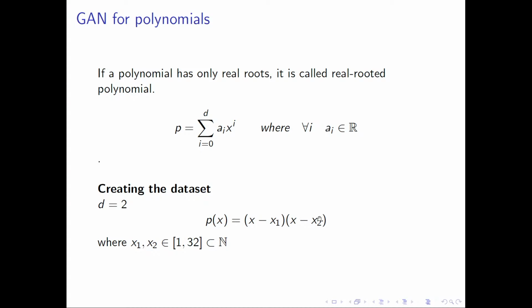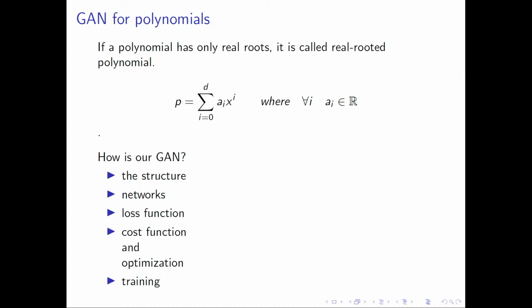After that, we normalize the coefficients between -1 and 1, because the generator gives us a solution between -1 and 1. So we don't want the discriminator to get a different kind of output in the real data set compared to the generated one.